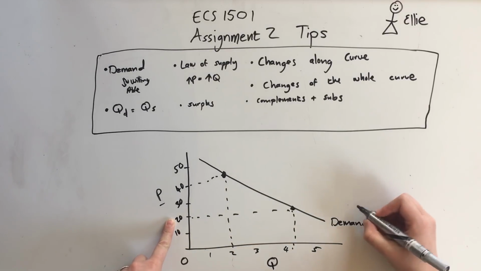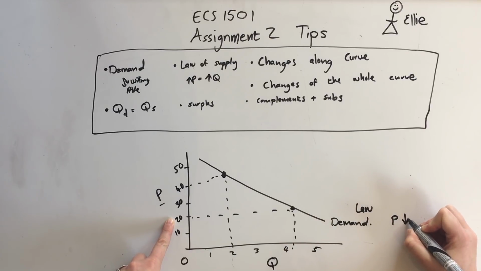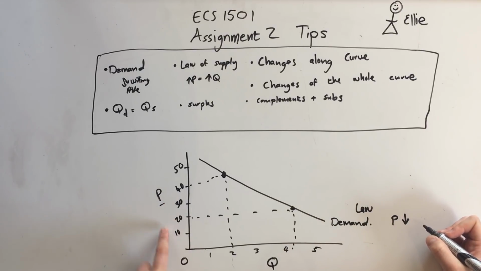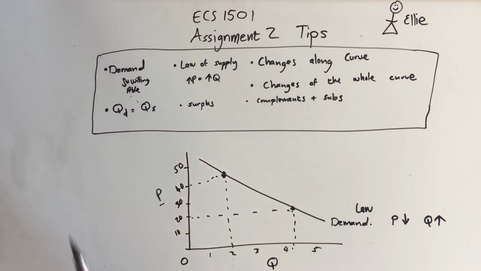So this is the law of demand. If the price goes down from 40 to 20, the quantity will go up from 2 to 4. This makes sense because the cheaper something gets, the more people will be willing and able to buy it. Remember, for demand, you have to be willing and able.